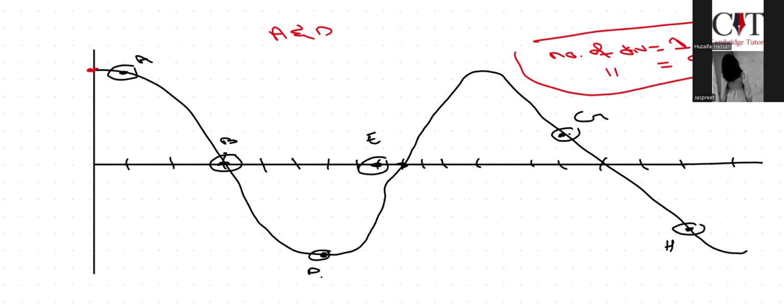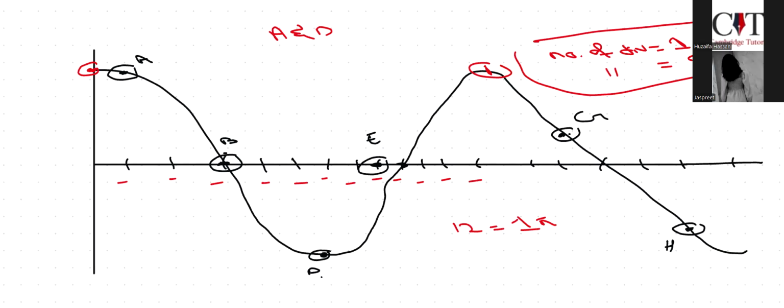Just count it: 1, 2, 3, 4, 5, 6, 7, 8, 9, 10, 11, 12, because these 2 points are consecutive crests. So can I say that 12 boxes is equal to 1 lambda? Yes. I just counted the boxes and there are 12 boxes for one complete wave, and we know one complete wave is equal to 1 lambda.